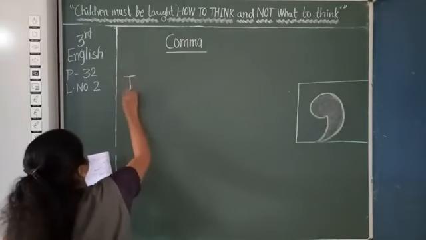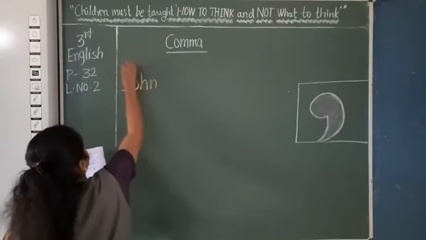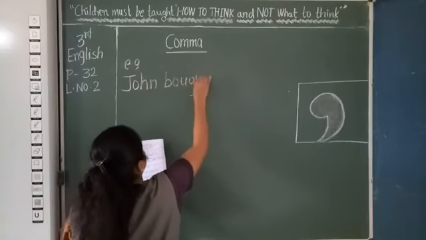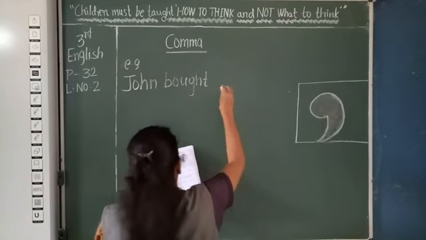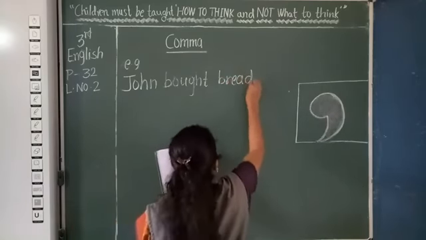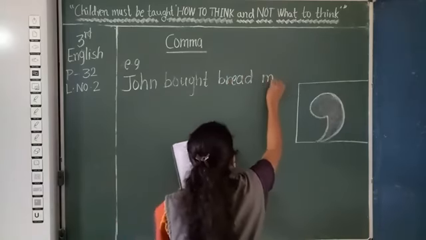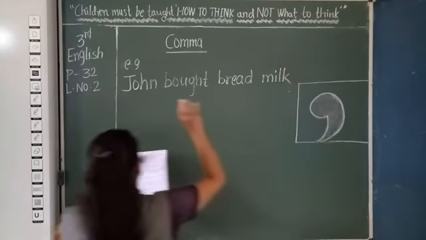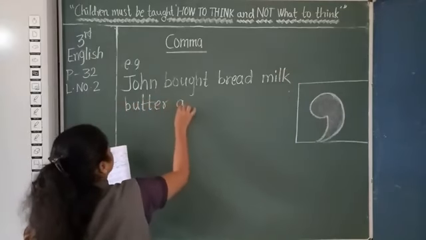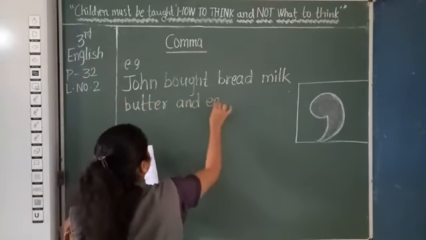For example, John bought bread, milk, butter and egg. Now this is my sentence.